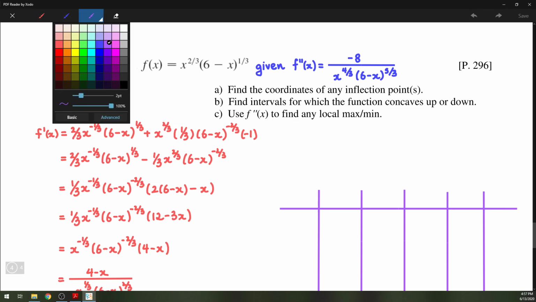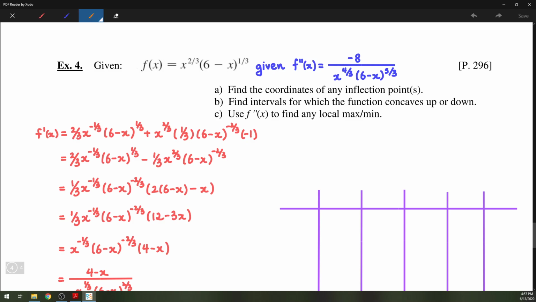So what does that mean? Well, notice that possible inflection points are where the second derivative is equal to 0 or where the second derivative is undefined. So that will help us locate possible inflection points.